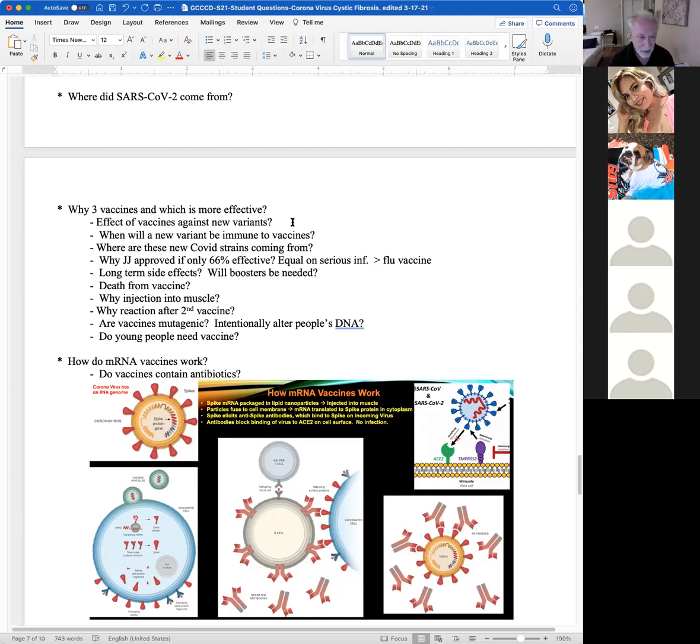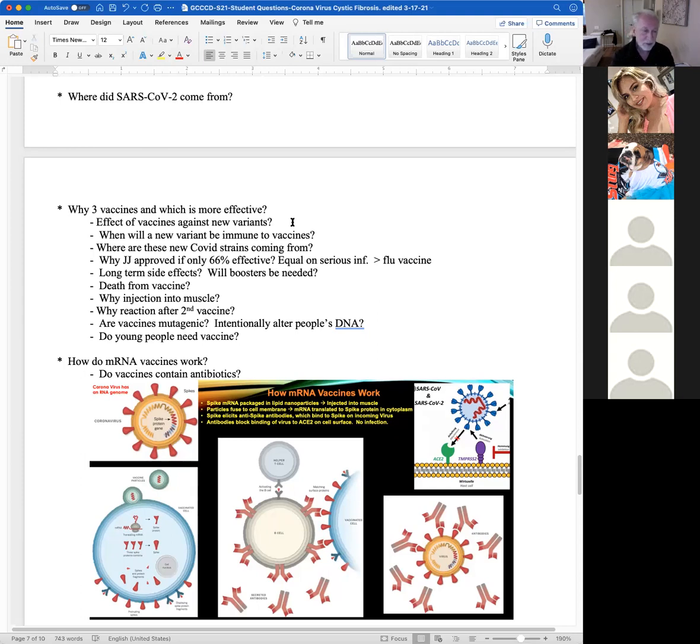Copying errors occur at some constant frequency, and we have all these coronaviruses copying themselves in all of these human hosts, billions of copies. That creates a huge reservoir of mutants that are potentially immune to the vaccines.